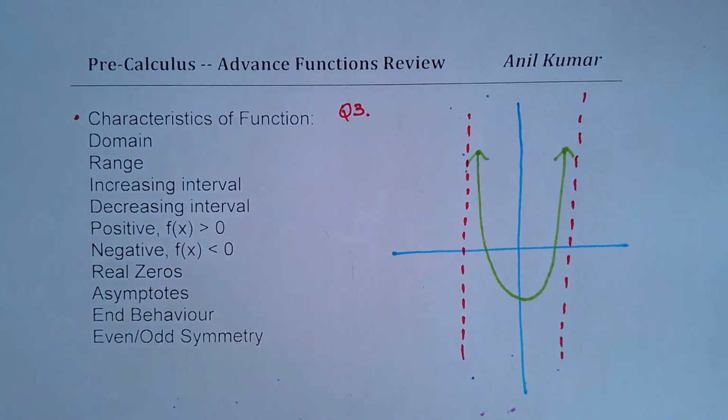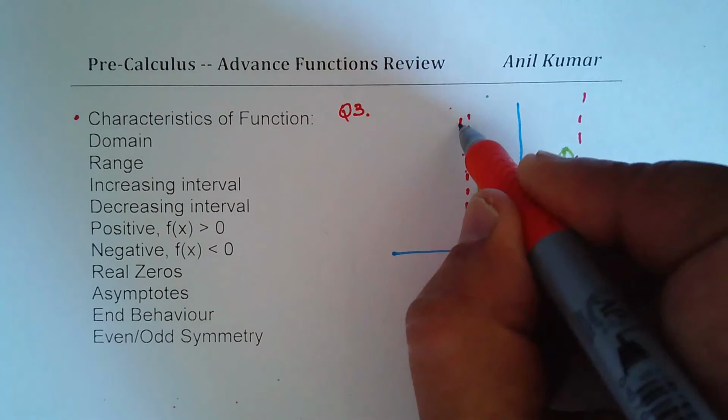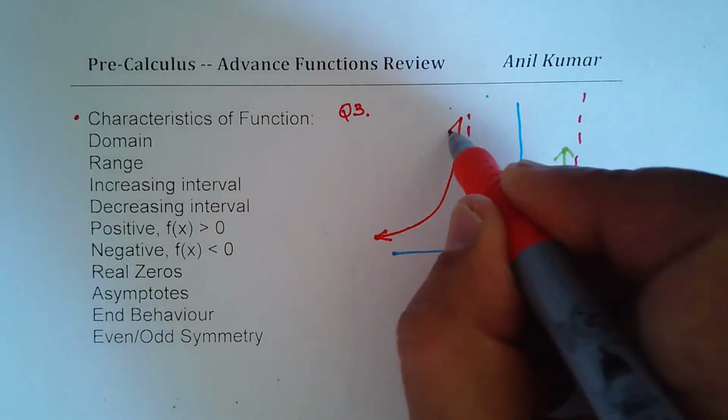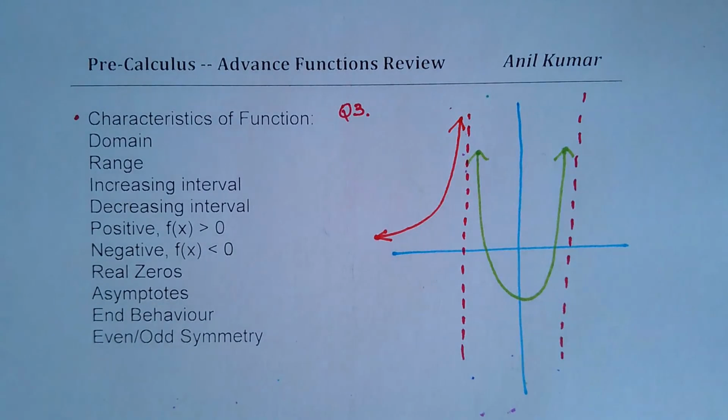Okay, now I'm adding a couple of pieces to this. So I'm saying let one piece be kind of like this. Okay, now here I'm trying to show you a horizontal asymptote.